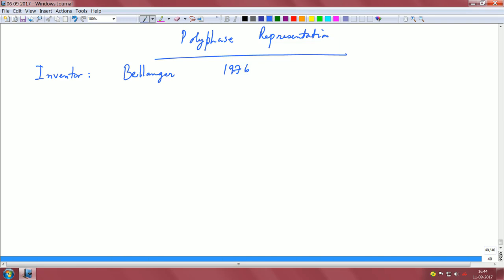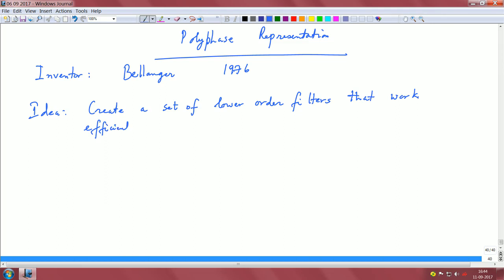So, the idea in polyphase representation is to create a set of lower order filters that work efficiently under multi-rate operations.